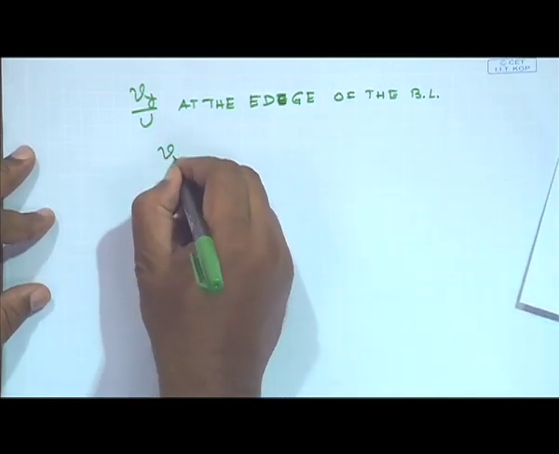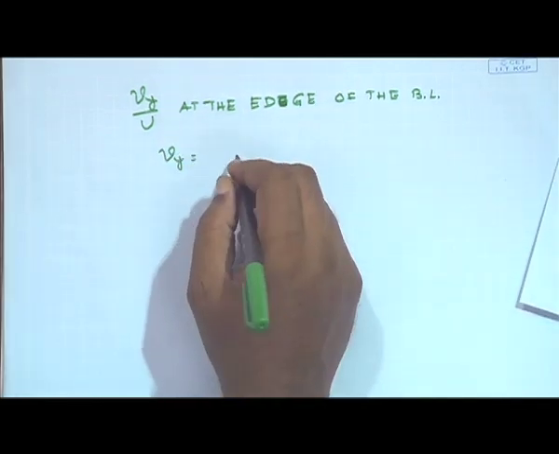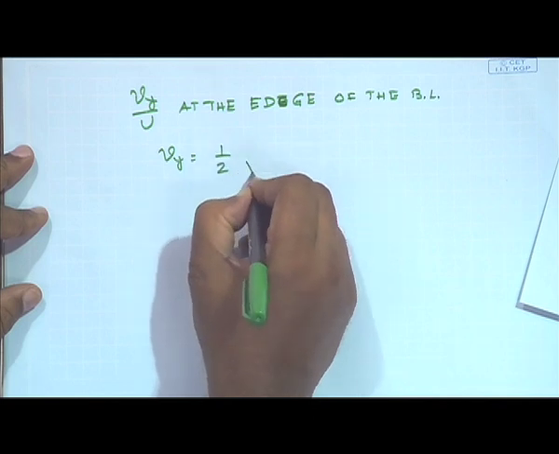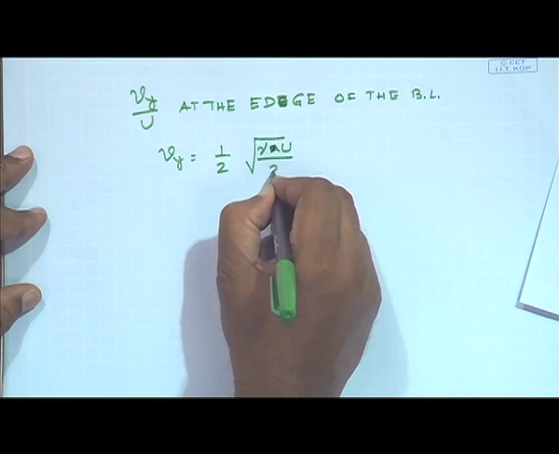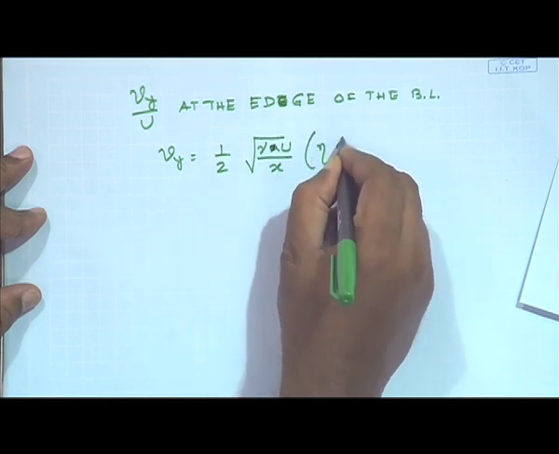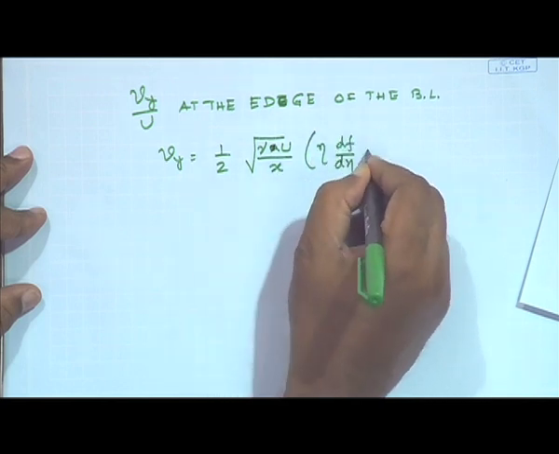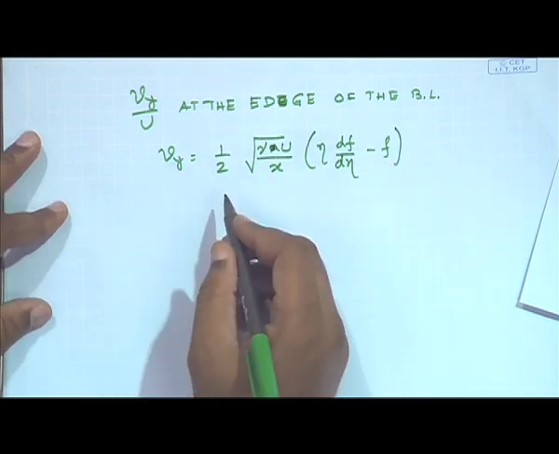So obviously I write the expression for Vy, which we have derived before. This is the expression for Vy.